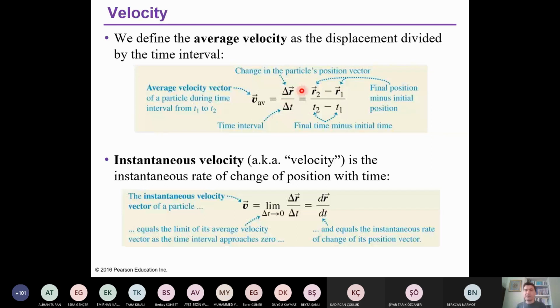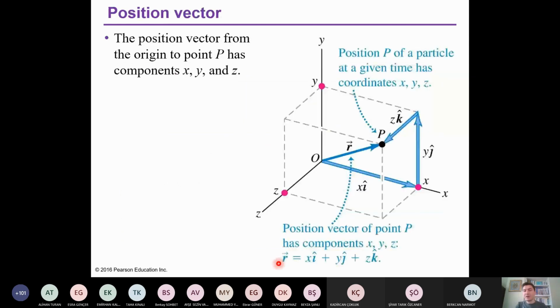But here, instead of delta x, we have delta r. It contains 3 dimensions. If you are talking about motion along a straight line, as we have done during the last lecture, for example, this will be 0, this will be 0, and r will be equal to x times i. Okay, this is motion along a straight line.